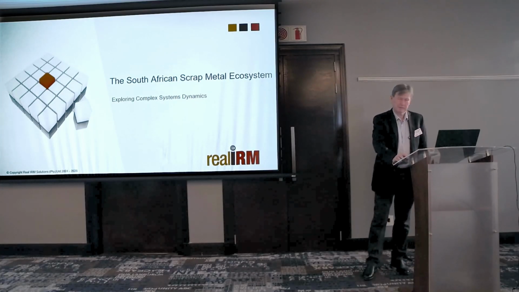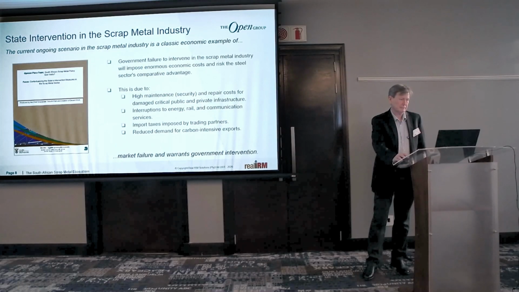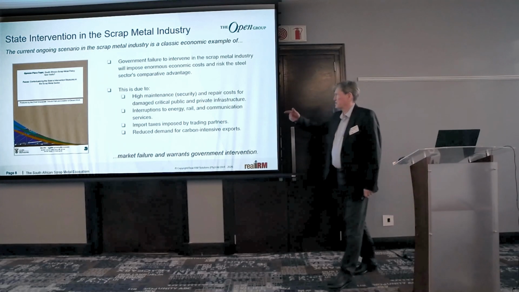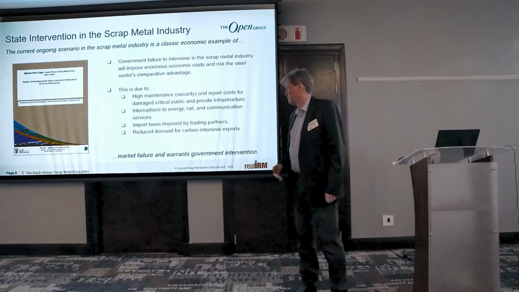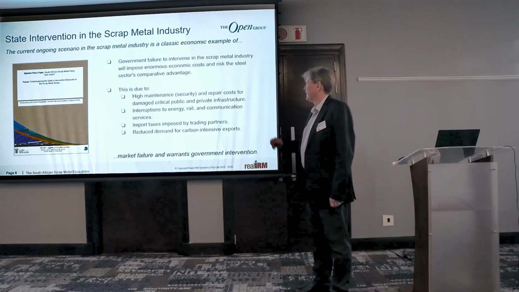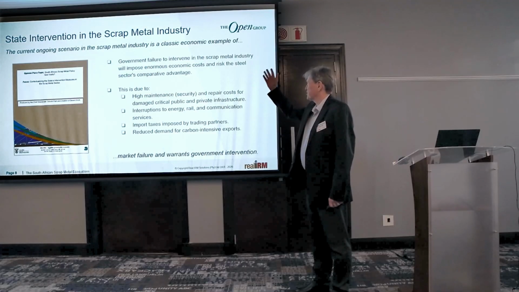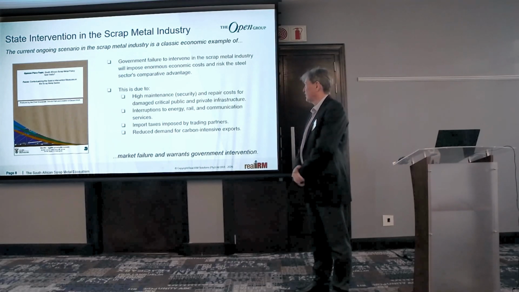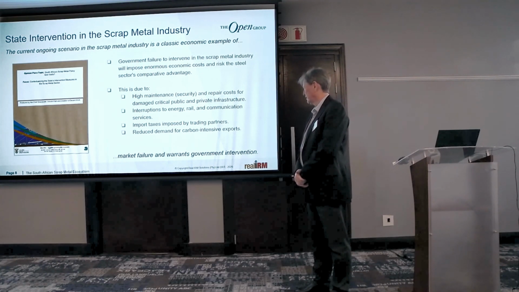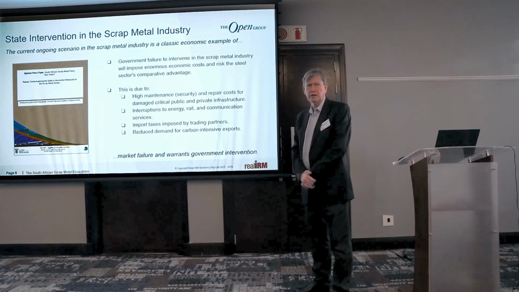Coming out of the scrap metal work that I did, I read, as part of the context, this particular document, and it said, "State intervention in the scrap metal industry. The current ongoing scenario in the scrap metal industry is a classic economic example of market failure and warrants government intervention."